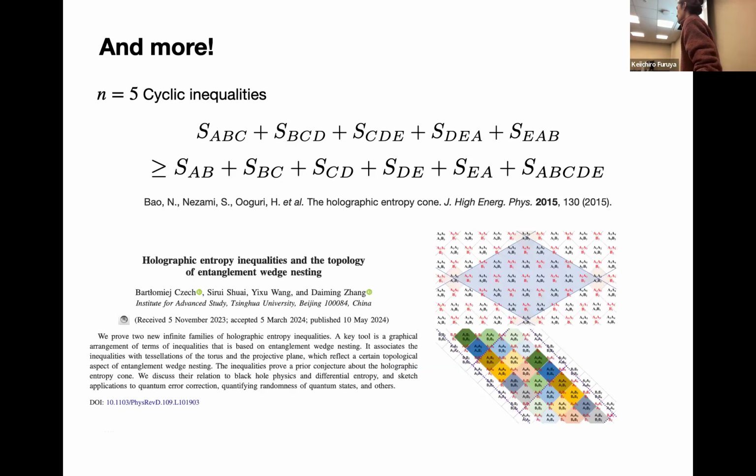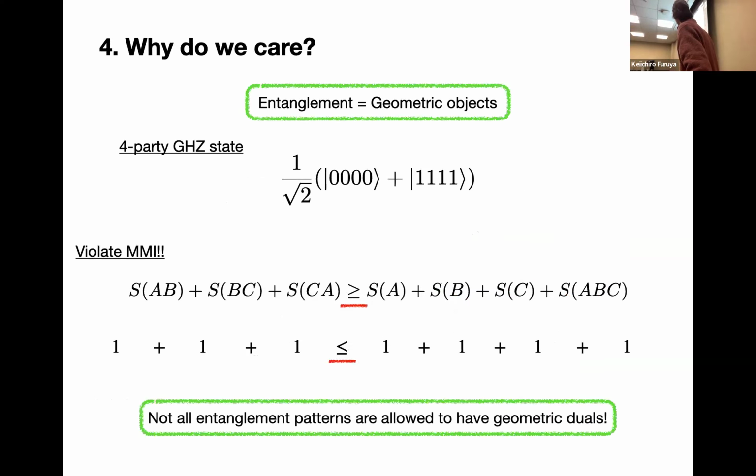Recently, there's a very interesting work by Vertex finding that the inequality has some topology, like a torus, or you can extract some geometry from the inequality to construct a geometric object. Then you can study the properties of the inequality on that geometry. But I'm not going to talk about it. If you're curious, please check it out.